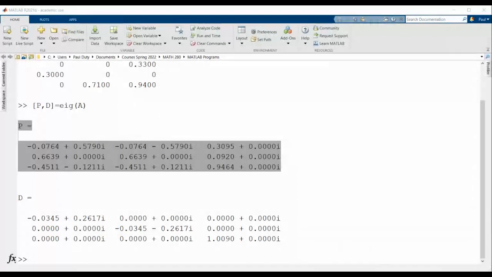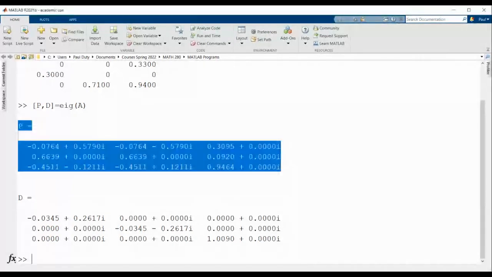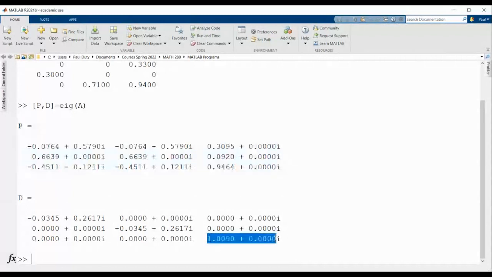The last eigenvector has real entries, because the last eigenvalue is a real eigenvalue. Are there any questions on this output? You're going to see this kind of output in MATLAB assignment number 4.